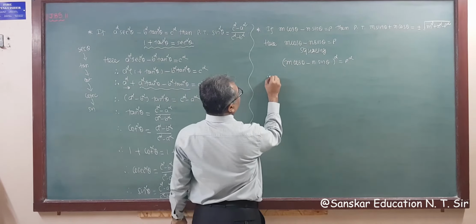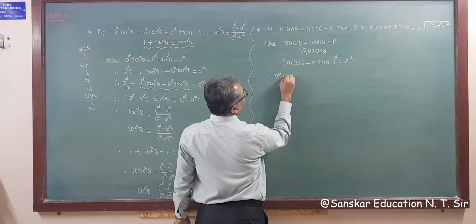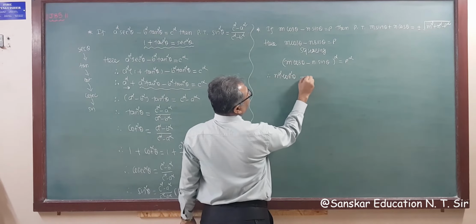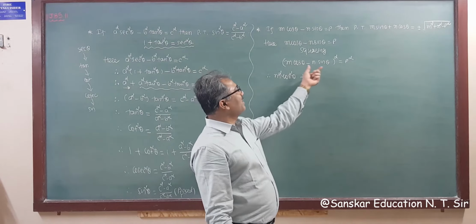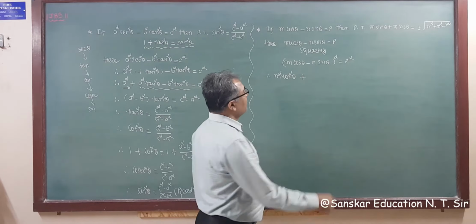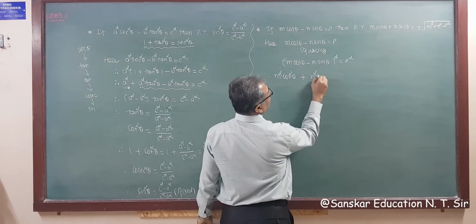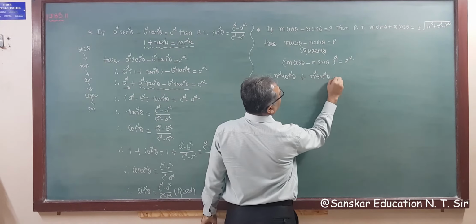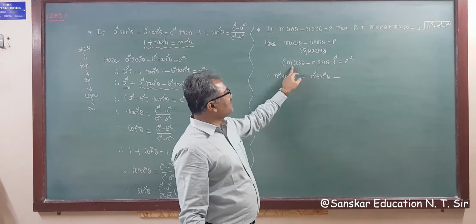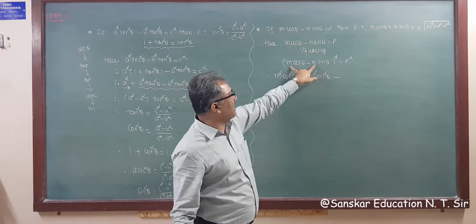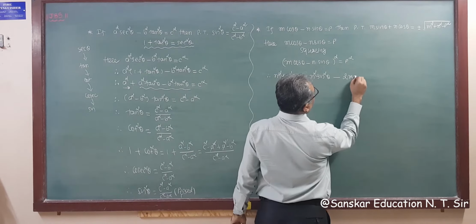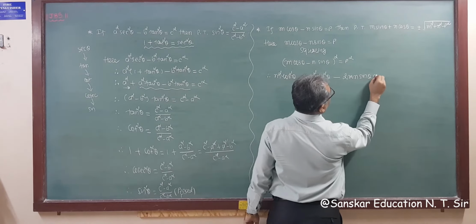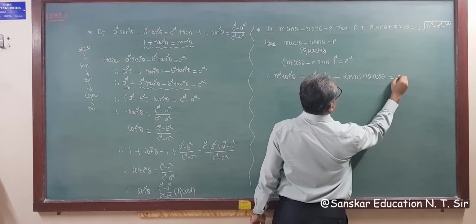So this will be m square cos square theta plus n square sin square theta, because in trigonometry we write the perfect square term first, minus 2 times first term into second term, that is twice mn sin theta cos theta. So minus twice mn sin theta cos theta is equal to p square.